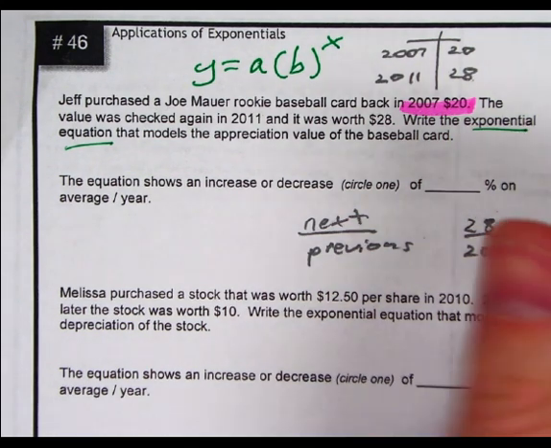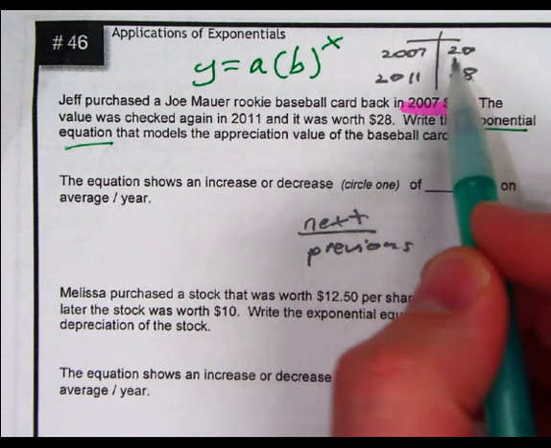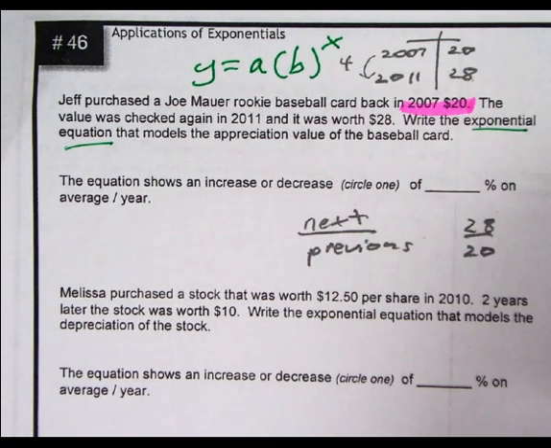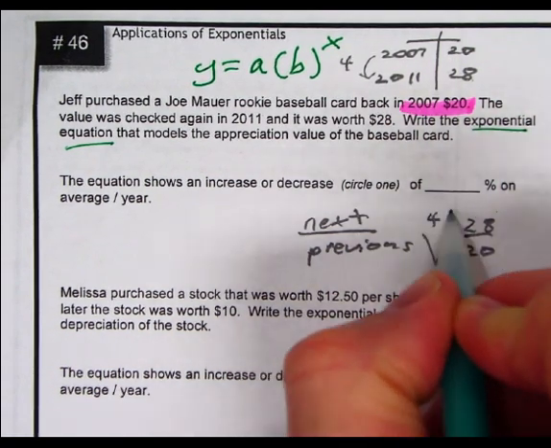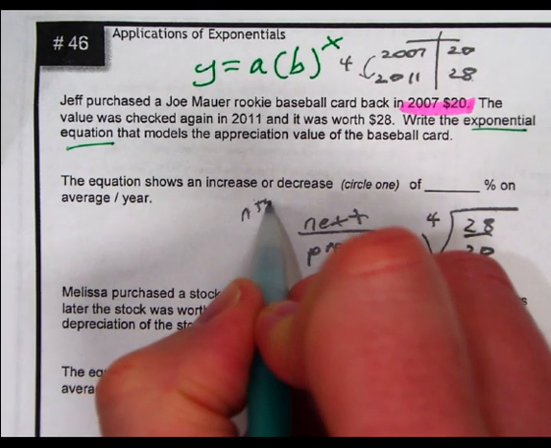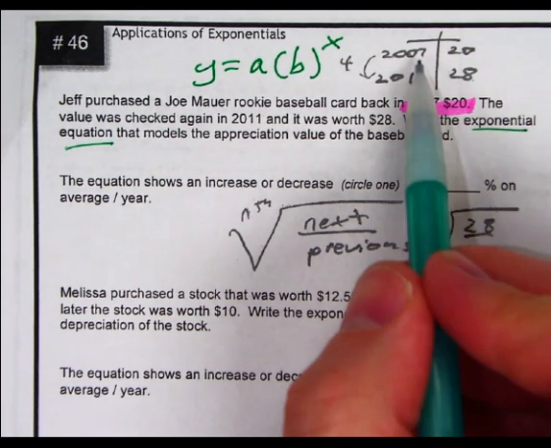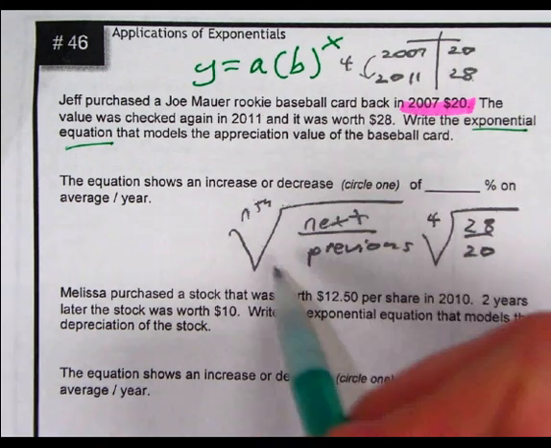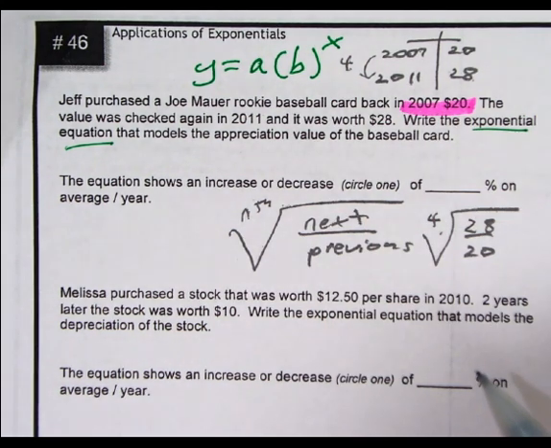Next divided by previous. And then I can see over here that this was 4 years later. So that's where the 4 comes from when I take the nth root. The nth root means the number of moves that you had from 7 to 11 is 4, so we need to take the 4th root of 28 divided by 20. And that gives us our multiplier, our B value.